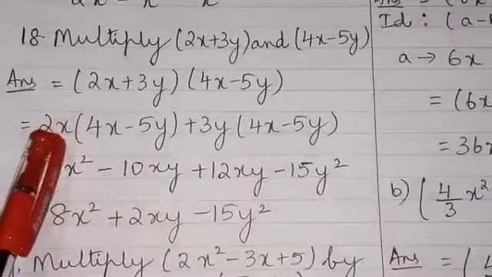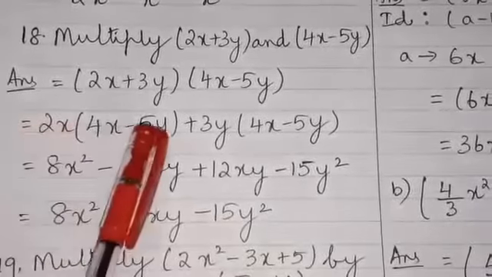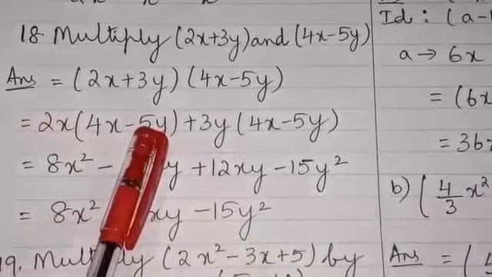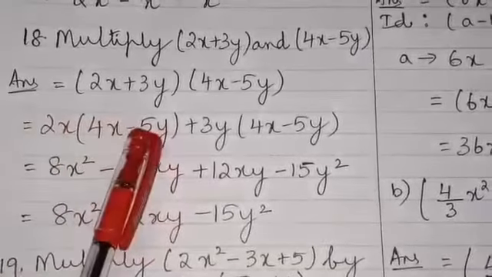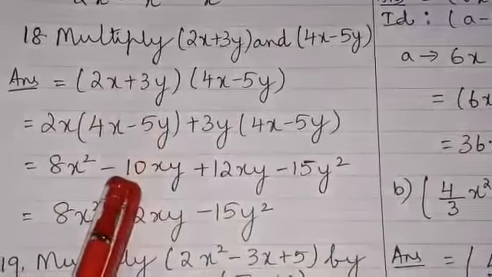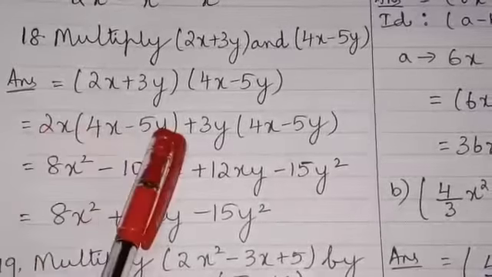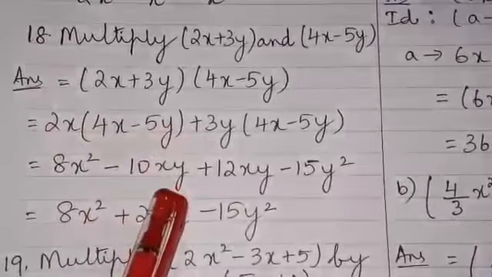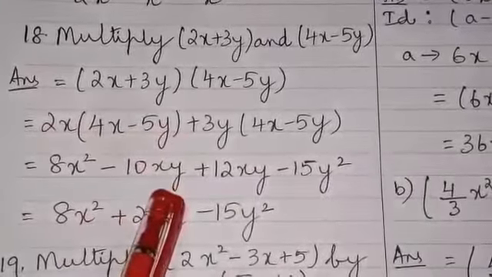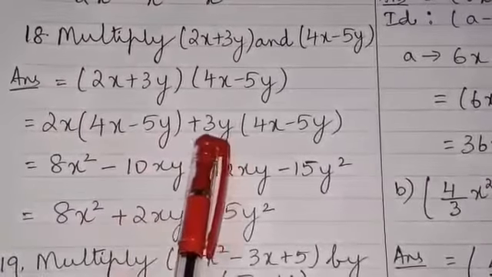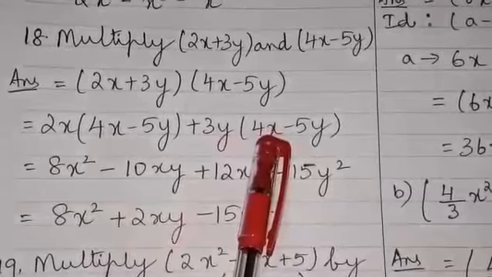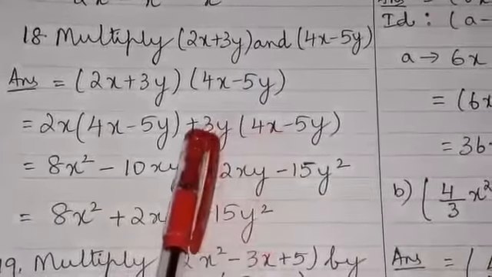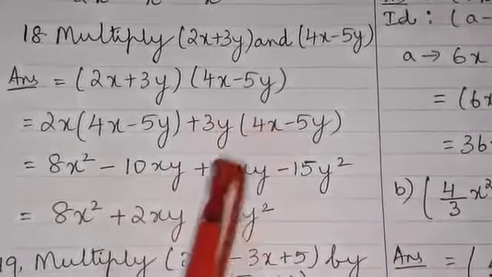Next, we need to multiply plus 2x and minus 5y. Let's multiply the numbers first. Plus 2 into minus 5 is minus 10. X into y is xy. Now here we need to multiply plus 3y with plus 4x. So plus 3 into plus 4 is plus 12.